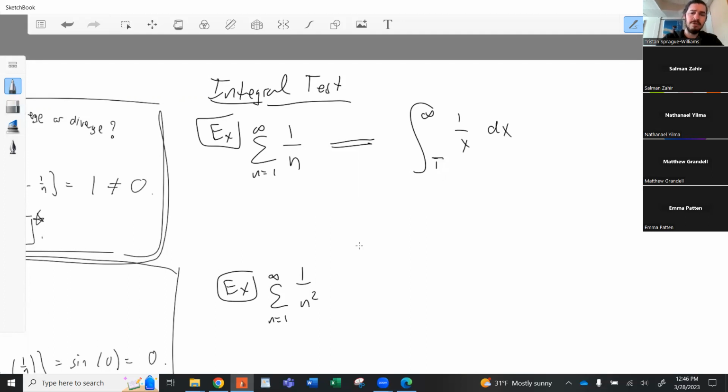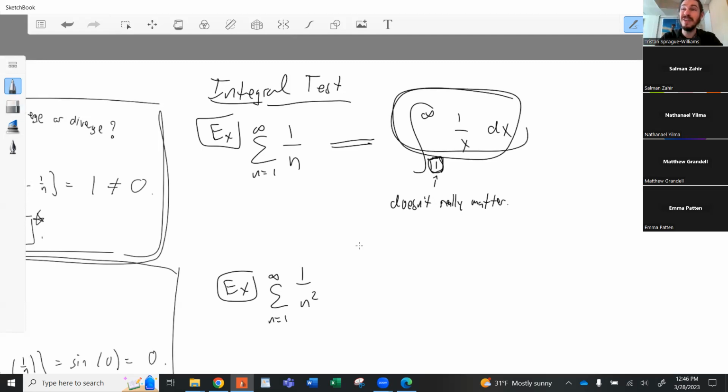It doesn't matter that much what this number is. You can fudge it if you need to, because the point is that it's the end behavior, whatever happens near infinity, which is going to determine whether this converges or diverges.